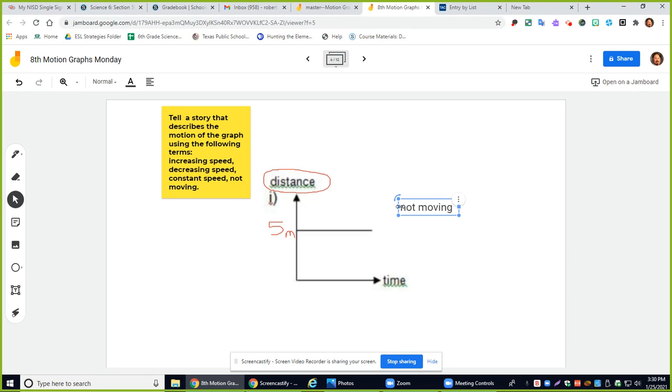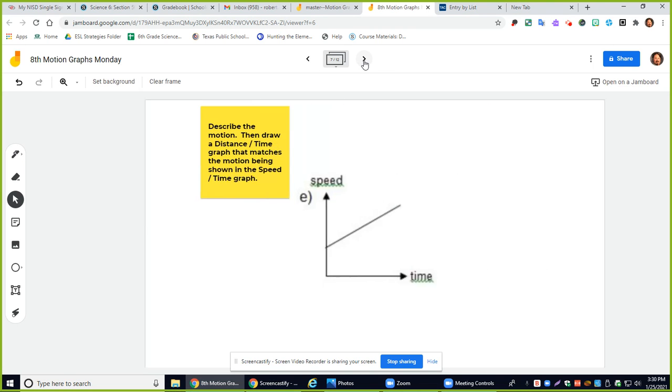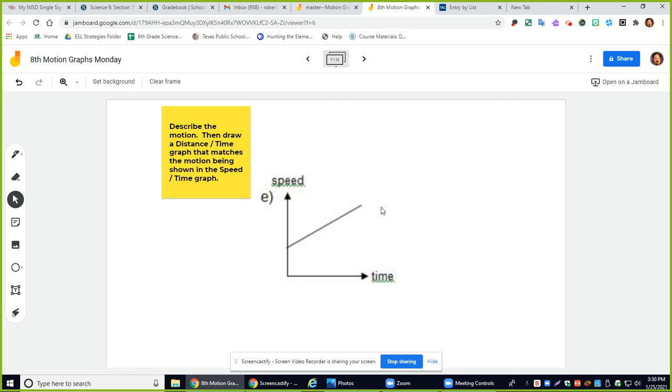And that's going to be a speed time graph. So here we have a speed time graph. First, let's talk about the unit. Speed is measured in meters per second. So in other words, when they say speed, what they mean is meters per second.